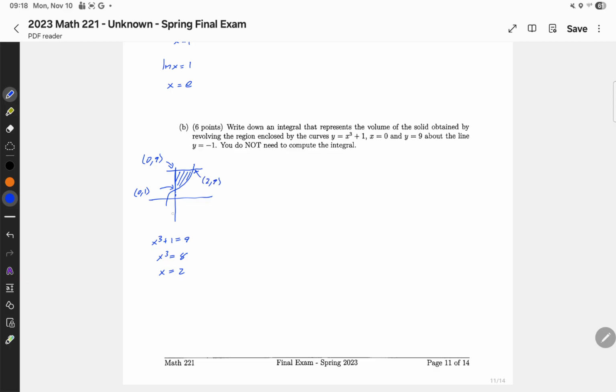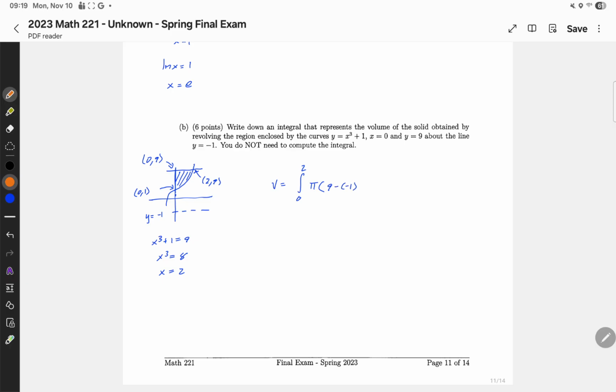So next up, we're revolving, don't forget, about the line y equals minus 1. So minus 1 down here, y equals. And so we're going to find the volume. We're going to integrate from 0 to 2. Right? Those are the x values we're going between. And we're going to multiply by pi times the outer radius, which is going to be 9 minus the minus 1, right? This minus 1 comes from down here.